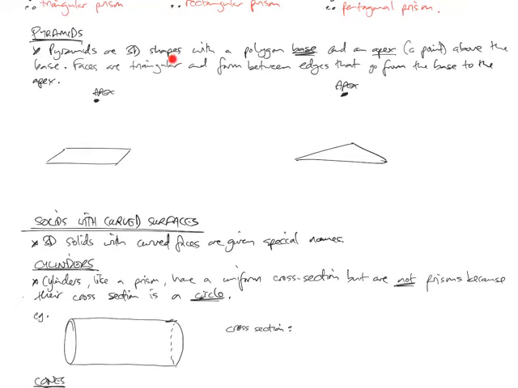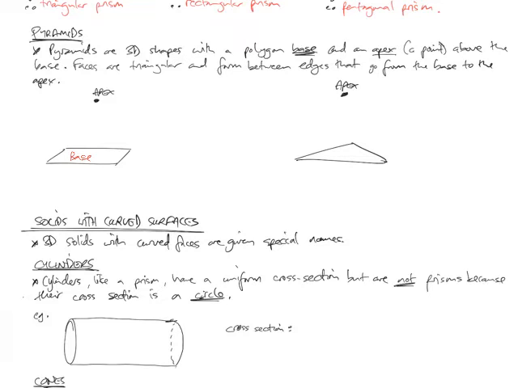So pyramids are 3D shapes with a polygon base and an apex, which is a single point above that base. The faces, because of this, are triangular, and they form between edges that go from the base up towards the apex. So here we have an apex, here we have a base. It looks like a rectangle.